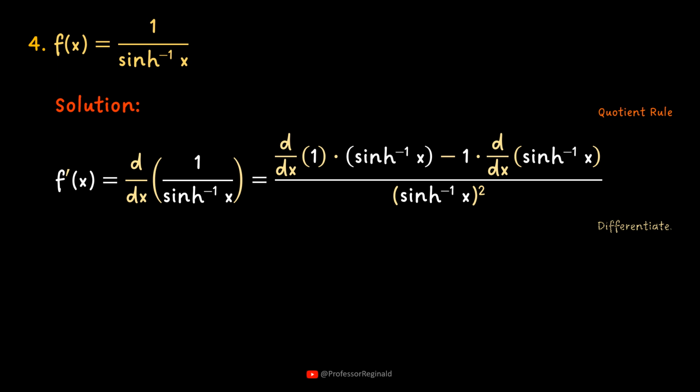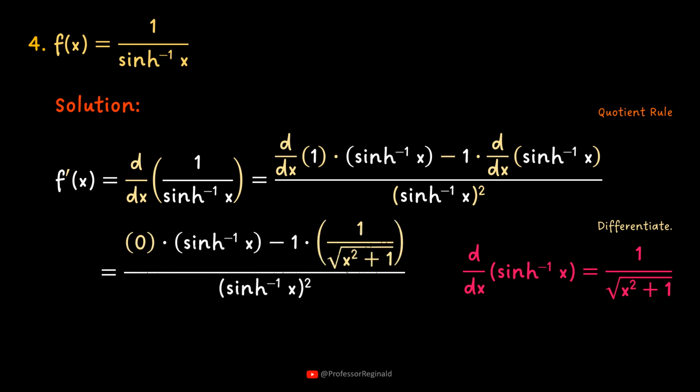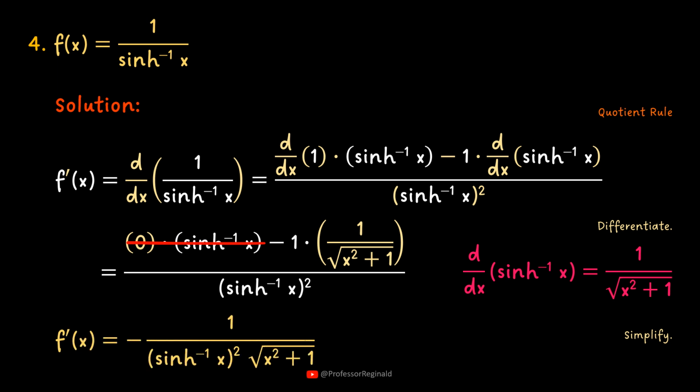And differentiate using a basic differentiation rule and an inverse hyperbolic function rule. Simplify the derivative. Therefore, f prime of x equals the negative of 1 all over the product of the square of inverse hyperbolic sine of x and the square root of quantity x squared plus 1.